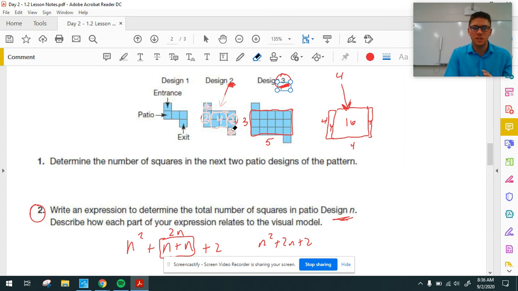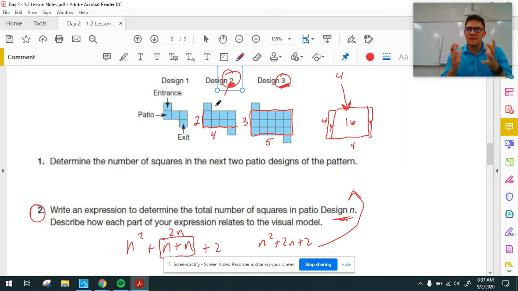Let's see if this holds true, if it has that same relationship. Design 2 has 2, which is n, and 2 more than it, n plus 2. So this could be pretty cool. Let's see. If we're going to do a rectangle, it's not n squared, but it's n times something, right? So it's n times n plus 2.